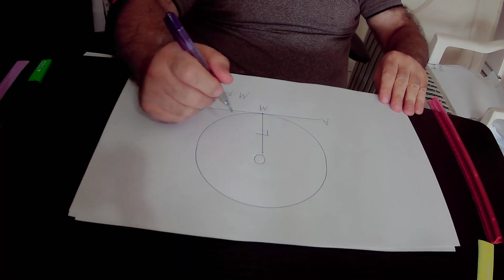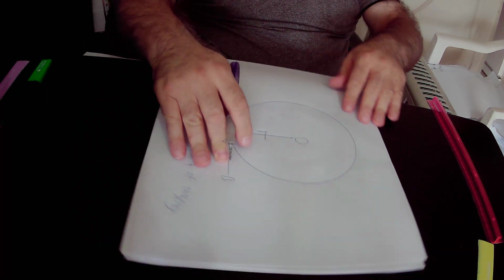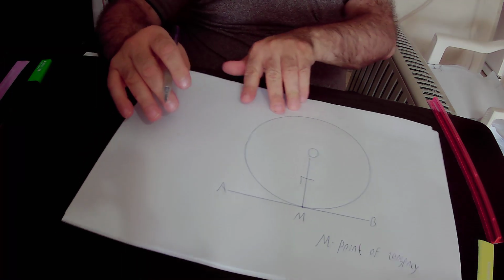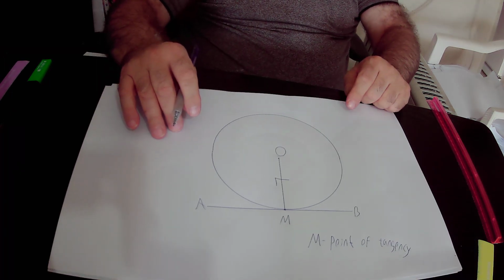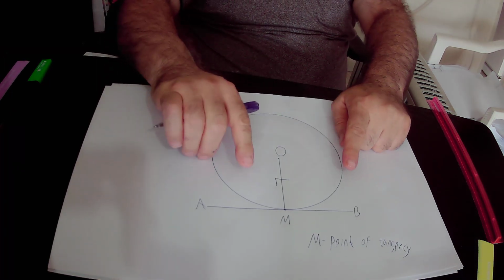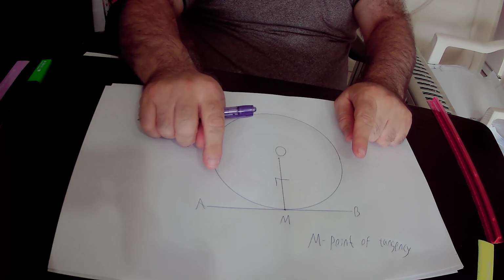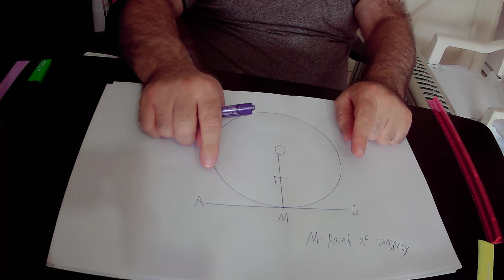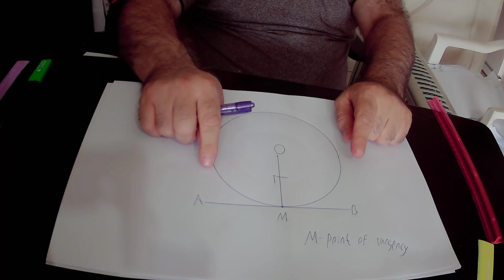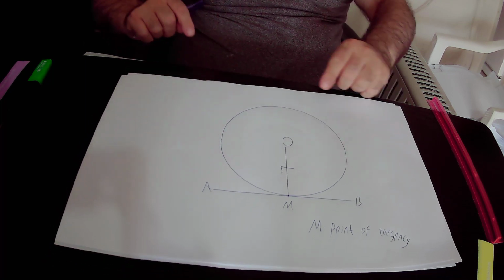So, according to rule number 1, a tangent to a circle, that is to say AB, is perpendicular to the radius drawn to its point of tangency.